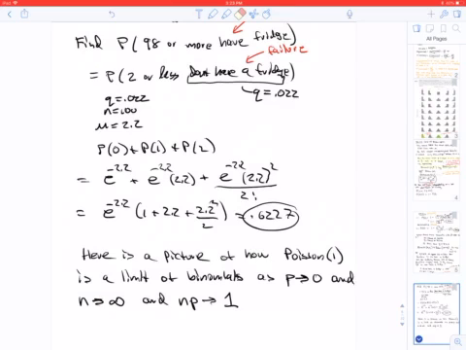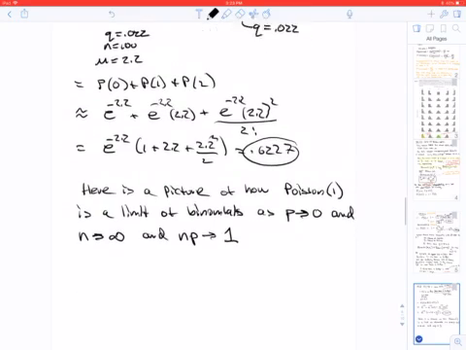I should write here, approximate, right? So I can approximate my answer using Poisson to get 0.6227.